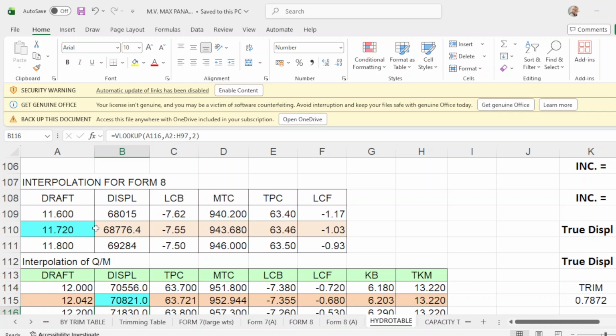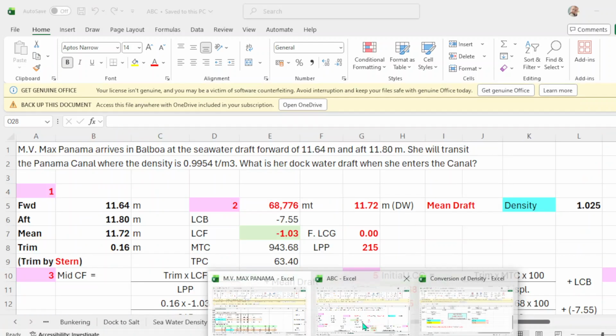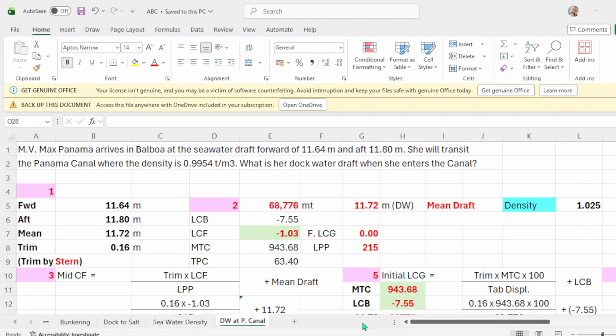The LCF is negative 1.03, with your draft of 11.72 at density 1.025. Then we go to number 3.